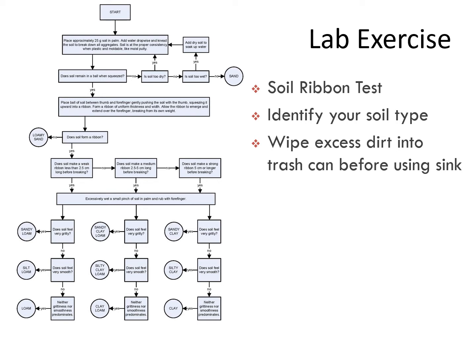Or sometimes I like to, if we have a ball, I like to poke it, and if it just falls apart right away, that's loamy sand. If we're able to kind of extrude a ribbon, depending on how long that ribbon is going to tell us whether we have a loam soil that's more towards a sandy, silty loam, or more of a clay loam, or clay.